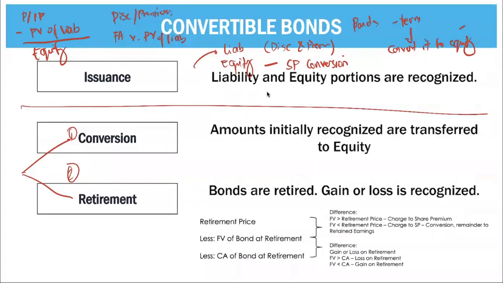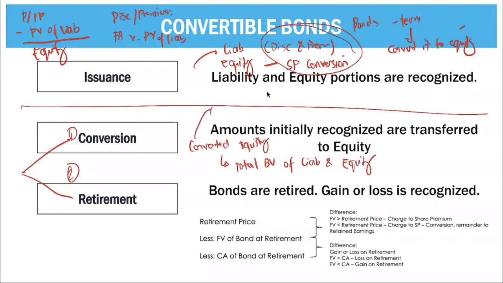Now we go to your transactions after the issuance. That is either conversion or retirement. So if you convert it, your amounts initially recognized are transferred to equity. So in short, all of these items are transferred to equity. So meaning, the value of this converted equity is the total book value of your liability and your equity portion.